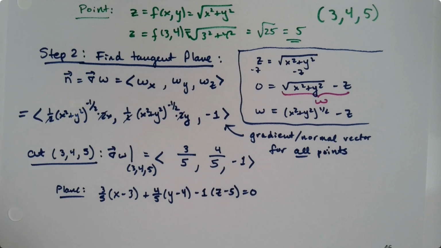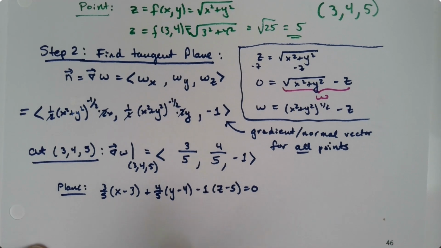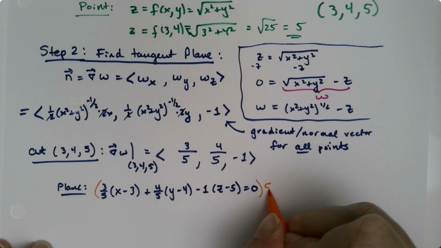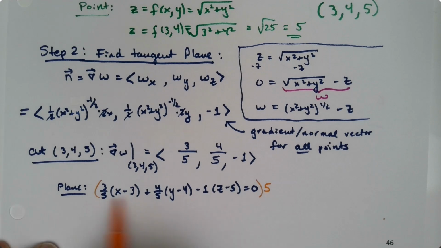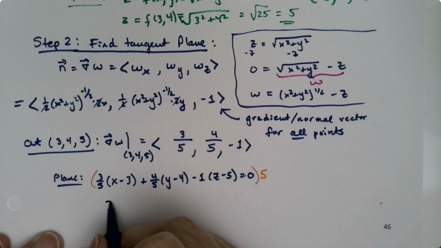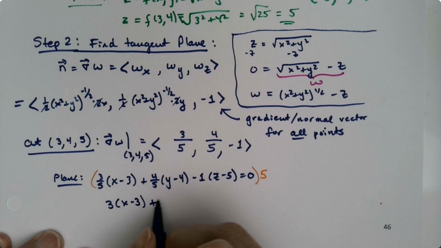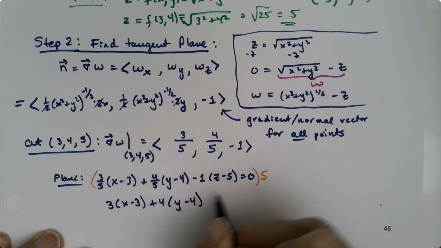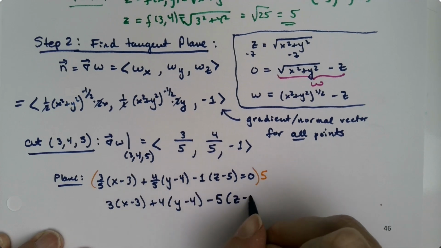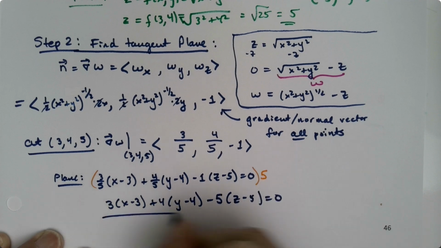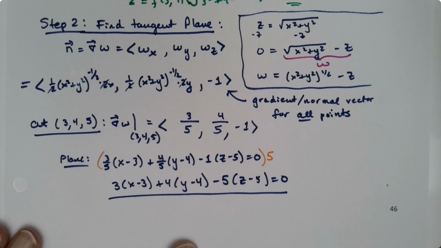So what we can do is multiply everything. And you can do it up here with the vector, or you can do it down here later. It doesn't really matter. But you multiply everything by 5 to make the common denominator. And that'll turn it into 3(x minus 3) plus 4(y minus 4) minus 5(z minus 5) equals 0. That is the easier plane to work with.